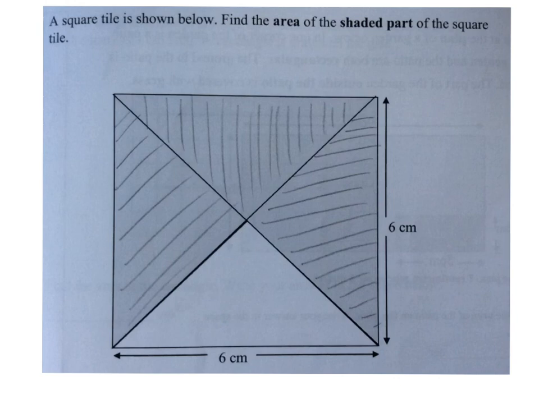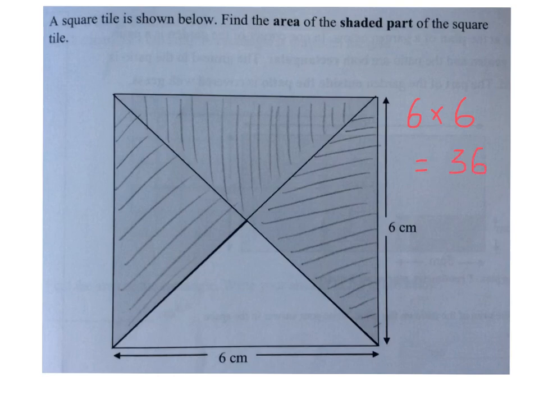A square tile is shown below. Find the area of the shaded part of the tile. So we can see that it is 6 by 6 because it's a square. We have 1, 2, 3 sections shaded, and we need to work out the area of the shaded part. First off, the area of the entire thing. 6 multiplied by 6 is 36.